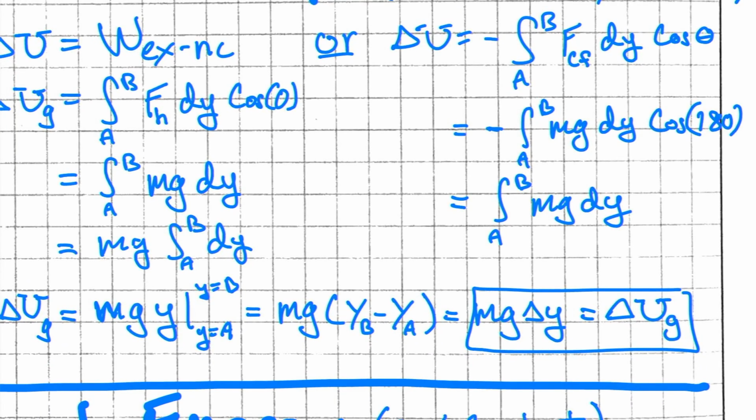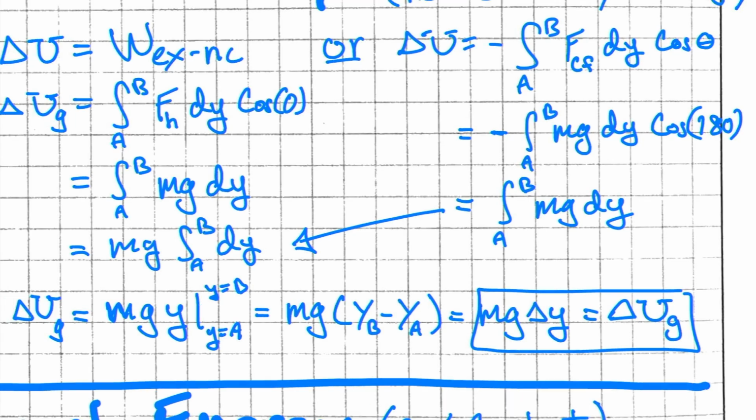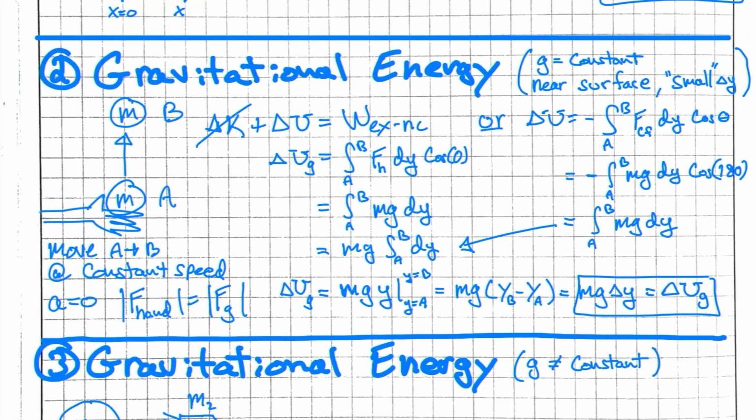going to dump us right back here, and we will get the same answer, right? Takes us to the same place. So there's two different ways of deriving this simpler version of gravitational energy.